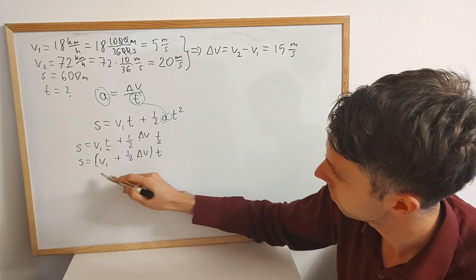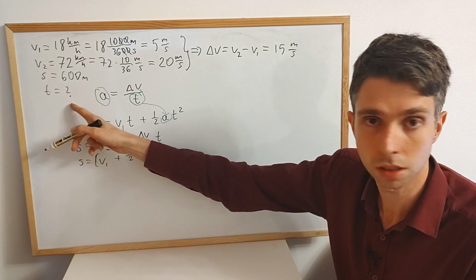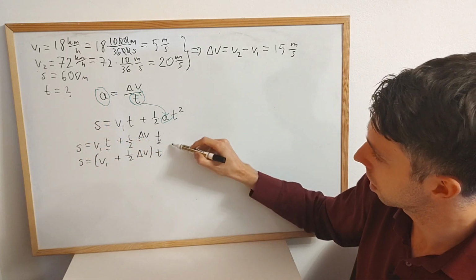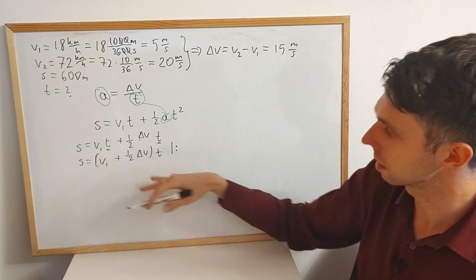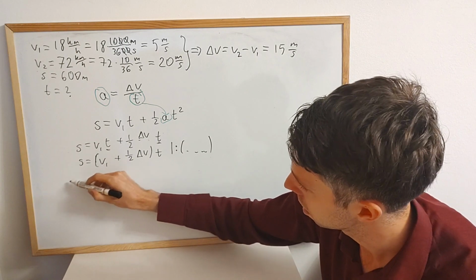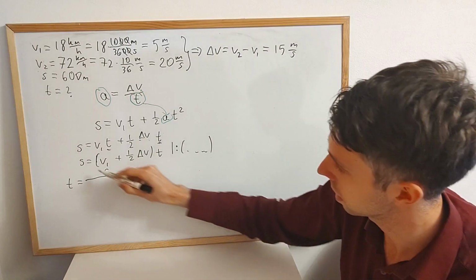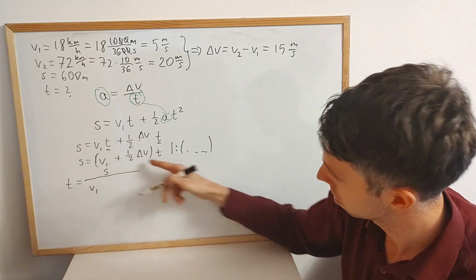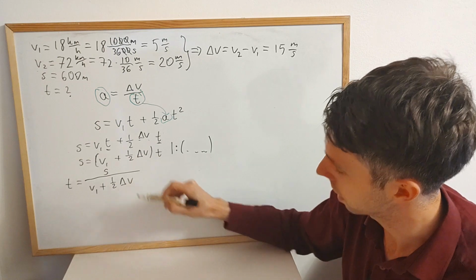So you want to calculate time because it's our unknown. So let's divide the both sides of the equation by this bracket. So you get that time is s, distance, divided by what is in bracket, so v1 plus 1/2 delta v.